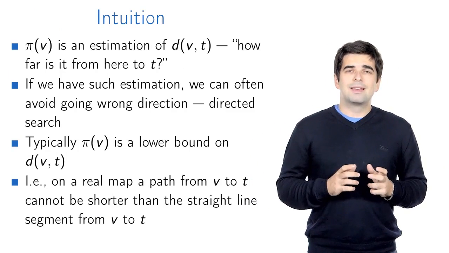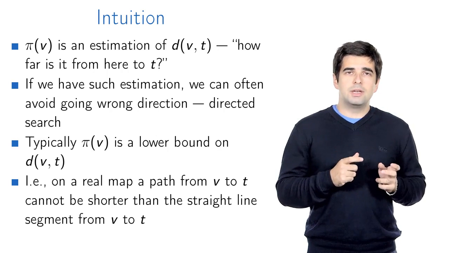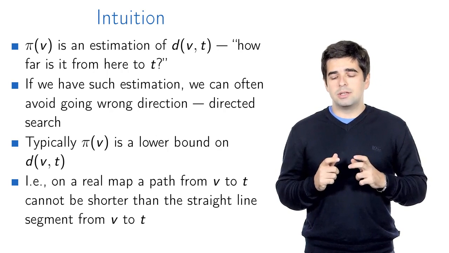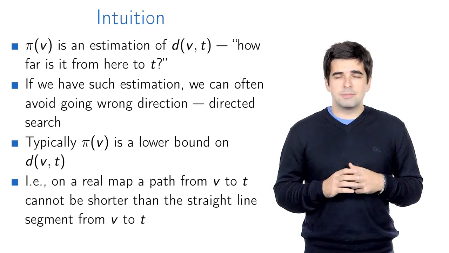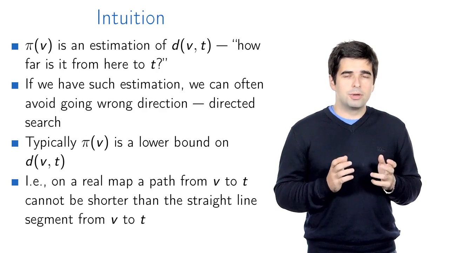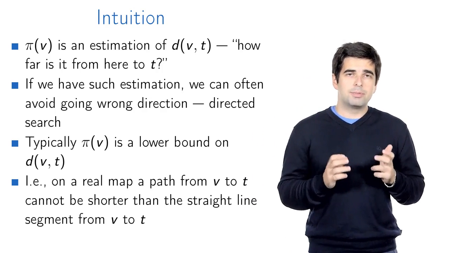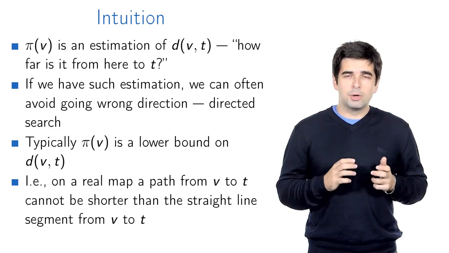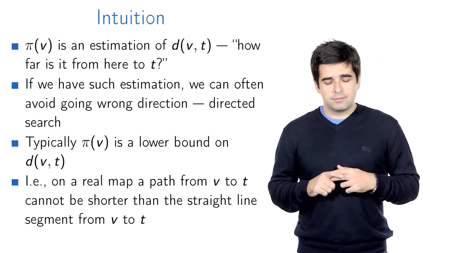Now the intuition behind the potential function is the following. Pi of v is going to be an estimation of the distance from the current vertex v to the target vertex t. So how far is it from here to t? If we have such estimation, we can often avoid going into the wrong direction, and that's why we'll get a directed search. And typically in practice, pi of v is a lower bound on the distance from the current point to the target.